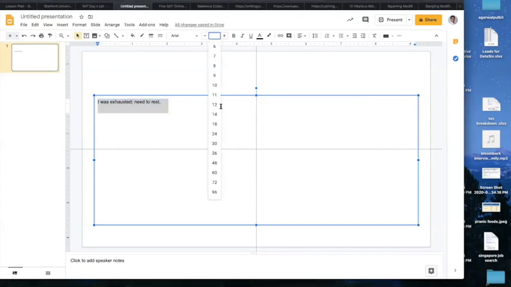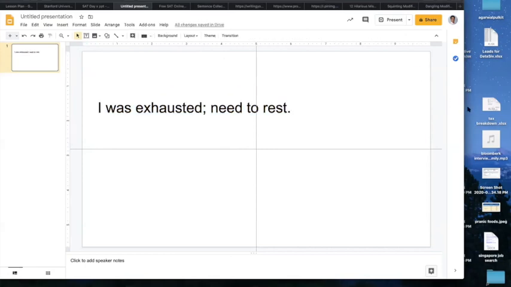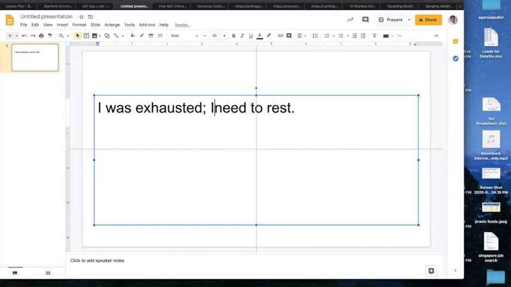What is this one? This is a semicolon error. Nice. Because you have a semi, half colon, half comma, semicolon. And the right one is, "I was exhausted. I need to rest." Nice. You guys are getting it.